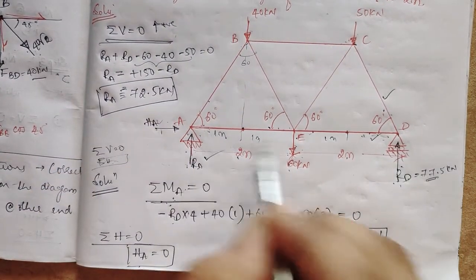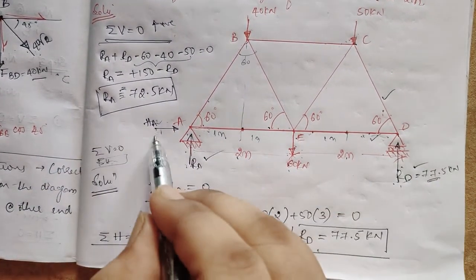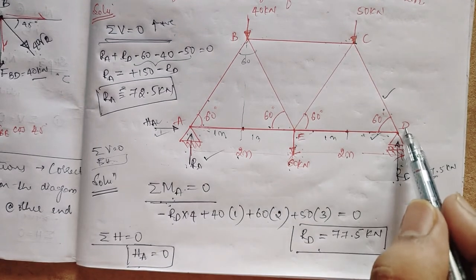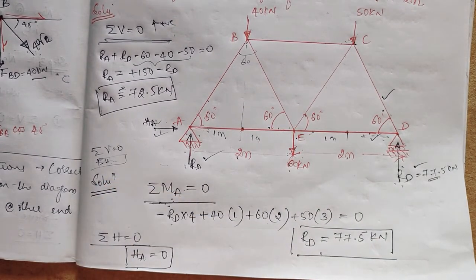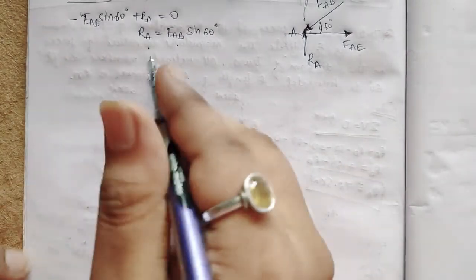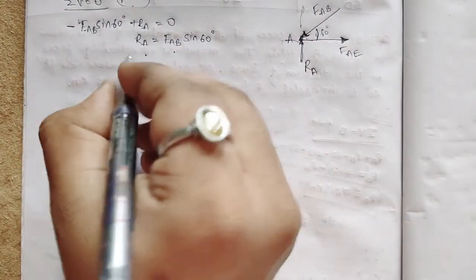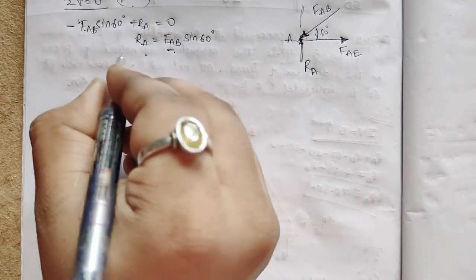So I found out RA, I found out RD, HA is also known. Very sorry, it should have been done first. So I got RA as 72.5.